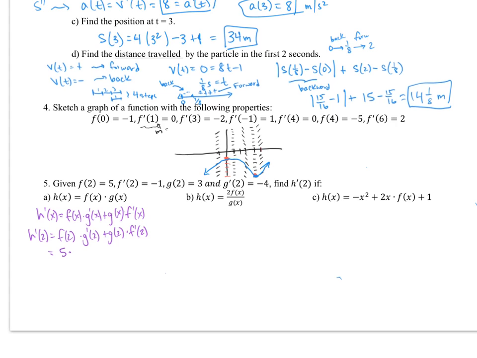Then g prime of 2 is negative 4, so times negative 4. Plus g of 2, which is 3, times f prime of 2, which is negative 1. That gives me h prime of 2 as negative 20 minus 3, which is negative 23.